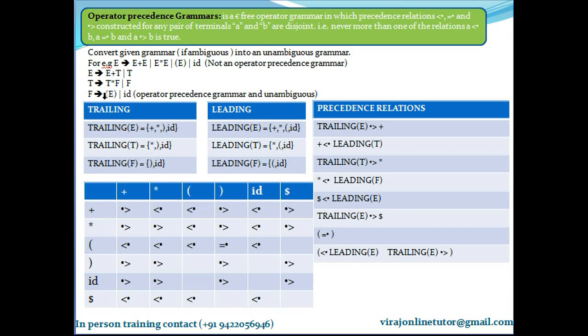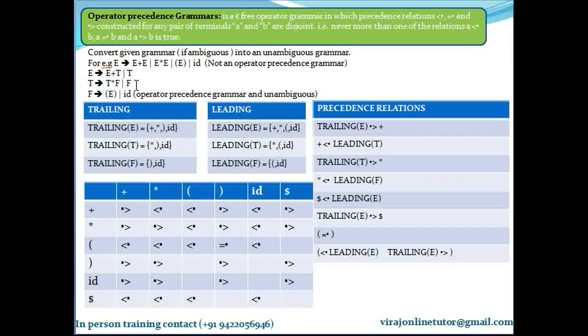So this production is not starting with a non-terminal. This production is also not starting with a non-terminal. But this production is starting with a non-terminal, so that rule says whatever is in the leading of T, you place it in leading of T, which is one and the same thing.